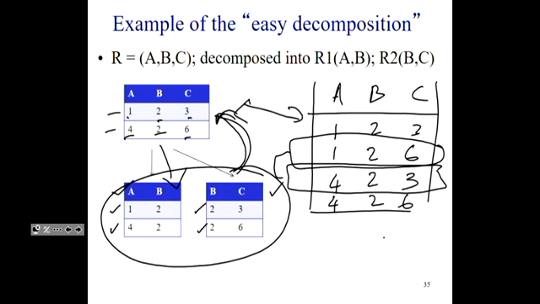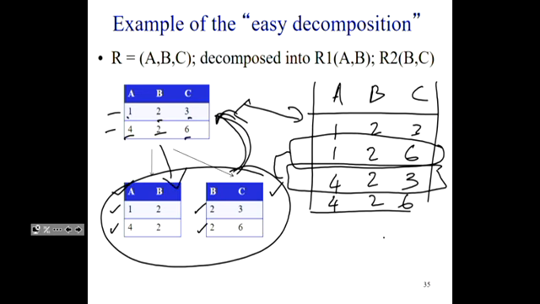Another intuition is that when you're decomposing, you are taking the original tuples and breaking them down into fragments. Those fragments are going to join back to give you the original stuff. The only thing is that fragments from two separate tuples may also join back to give you additional stuff. So the fragments will still join, and you'll get back your original relation. The issue is that you'll get back additional stuff if you're not careful. Okay?